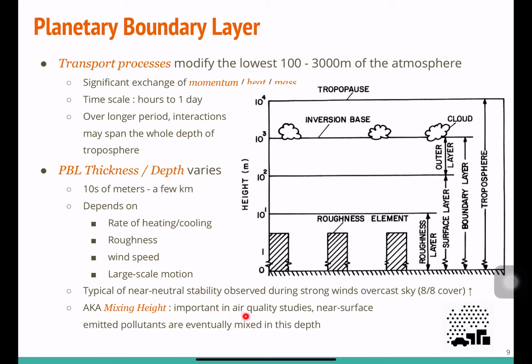It's very important in air quality studies because this boundary layer is trapping the air pollutants within this surface layer, the area near the surface, okay? And the near surface emitted pollutants are eventually mixed in this depth. So by mixing height, we are also talking about the air mixing around in here.